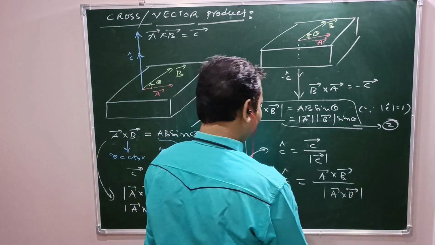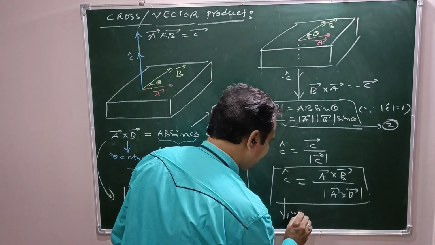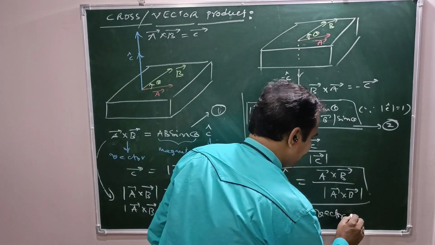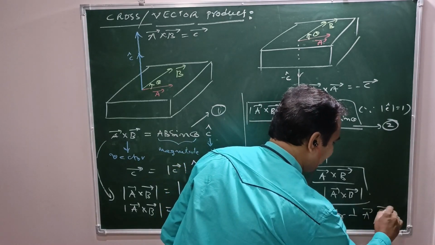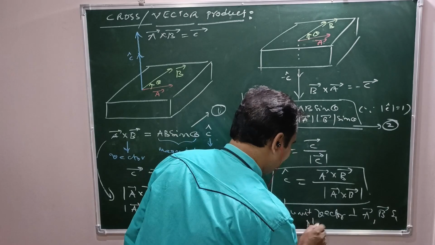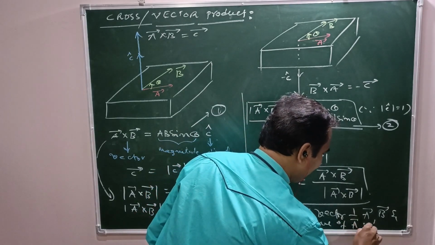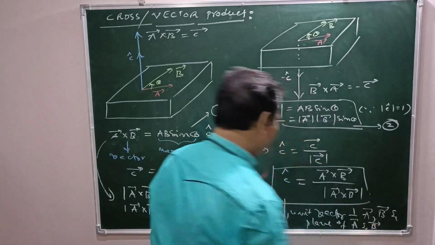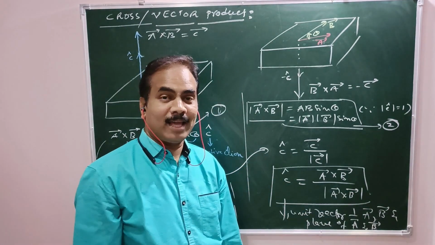So this is an important relation: unit vector perpendicular to A bar, B bar and the plane of A bar and B bar.